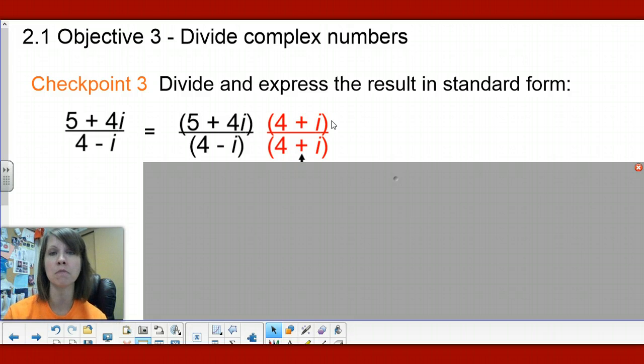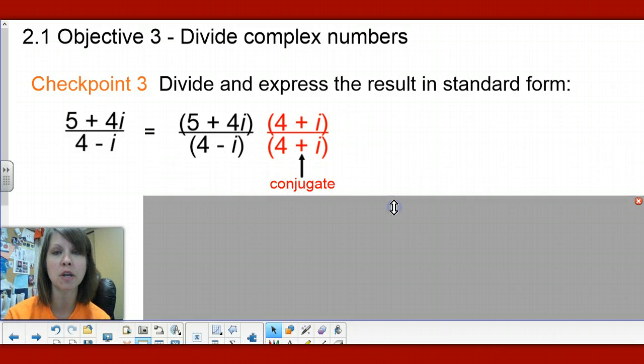It keeps our fraction balanced. We've just really multiplied by 1. It's just a really fancy version of 1. The 4 plus i, remember, that's called the conjugate. That's when we take a binomial and we change it from a sum to a difference or a difference to a sum. Okay, so now we're going to get on with actually multiplying these together.